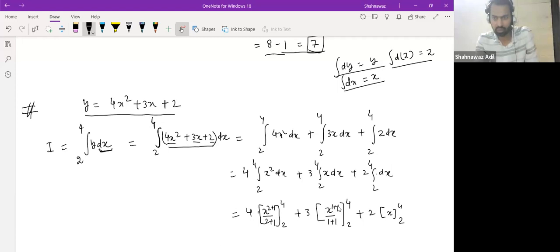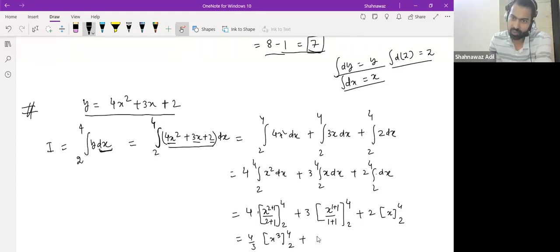Okay, so these are the terms that we will have. First, 3 is taken outside, and then this is x cube from 2 to 4, and then 2 is taken outside, and then this is x square from 2 to 4, and then we have x from 2 to 4.